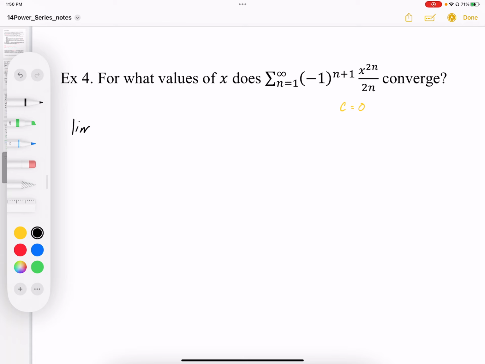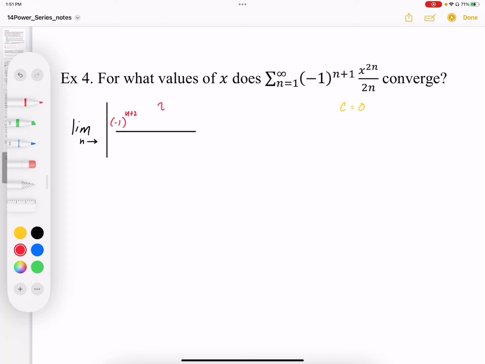First thing though is we're going to set up our ratio test. We always start with our ratio test. So in the numerator, we have -1 to the n plus 2.